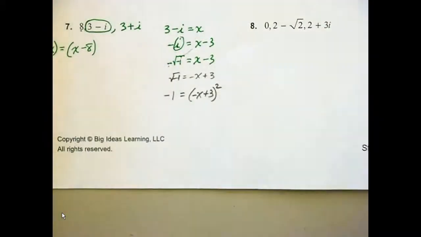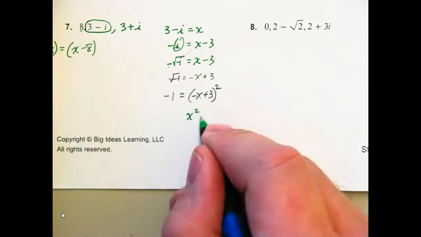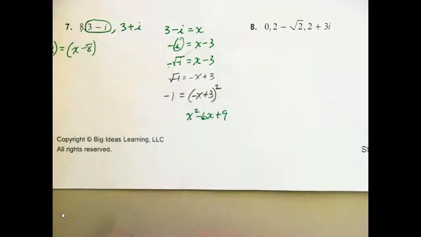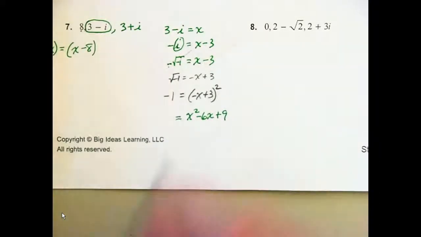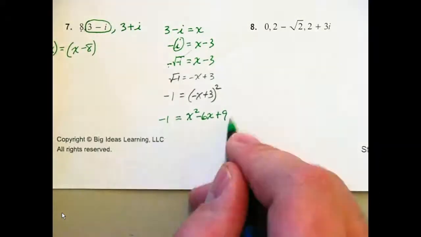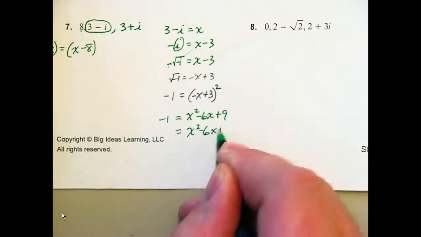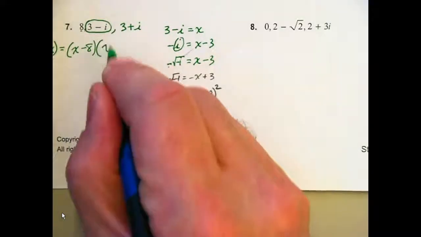So this piece right here becomes x squared minus 6x plus 9 if we multiply it out, and then we have the -1 here, so we're going to move that back over to now get x squared minus 6x plus 10 equals 0. That is the quadratic that goes right here.